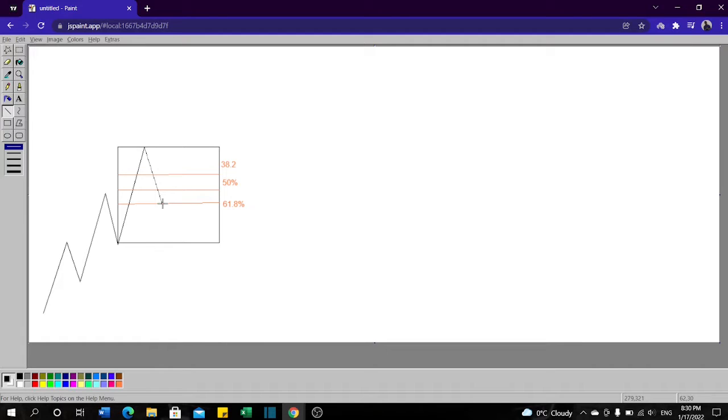And for people who use indicators, they can build in moving averages. But now I'm going to specify on the Fibonacci. So let's say price is going to retrace at 38.2 or 50%, right? Let me put it at 50%. Price retraces at 50%. That means after a retracement, what happens in the market?